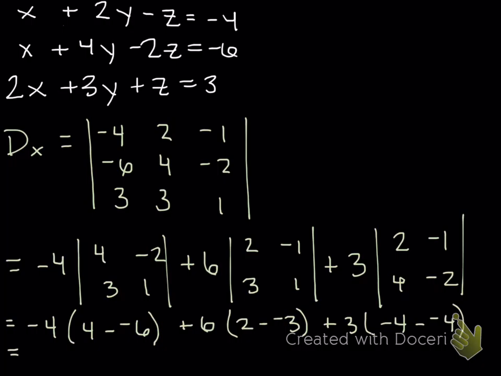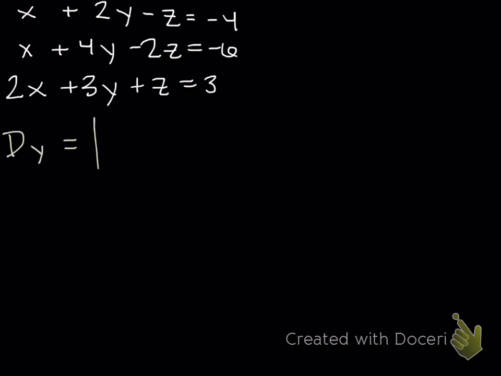So I know this will be 10, I know this will be 5, and I know this will be 0. So when I multiply them together, I'm going to get -40 plus 30 plus 0. So dx equals -10. So we're halfway there. Now I need to set up dy and dz.